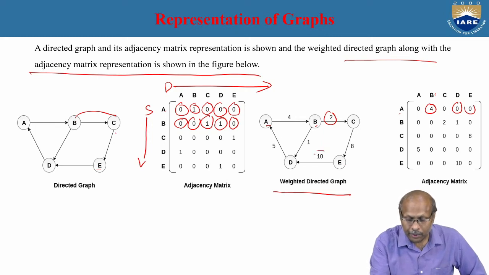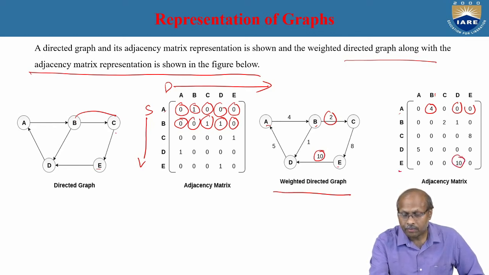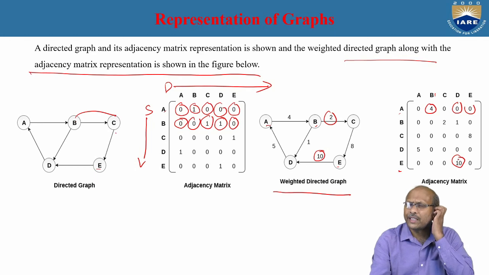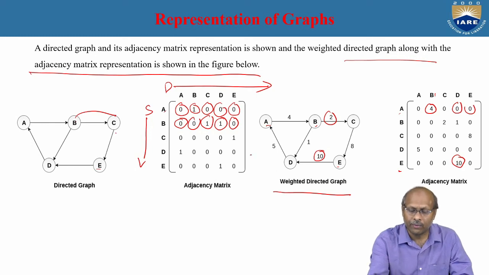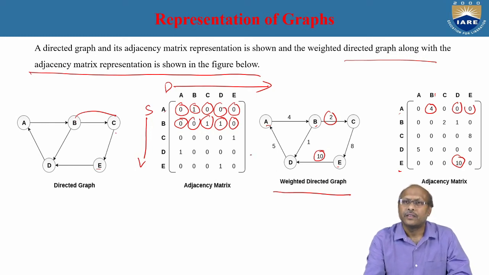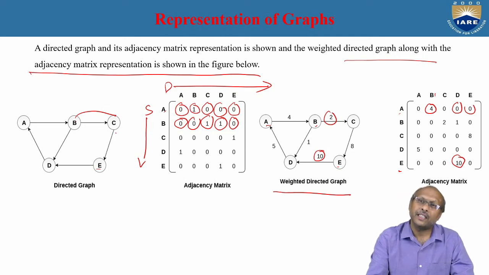Now, for example, 10 I will ask. What is 10? It is a connection from E to D, so E to D, 10. So wherever there is an edge, you have to write the weight of the edge. So this is a way of representing an adjacency matrix for a directed graph as well as a weighted directed graph.